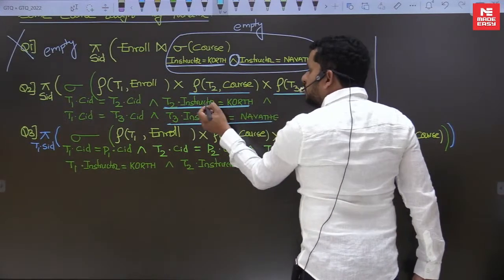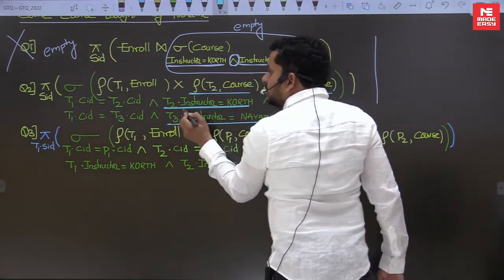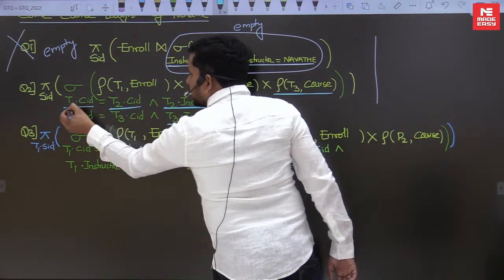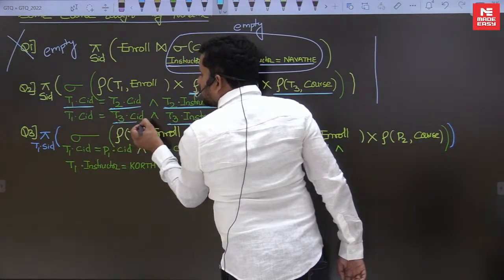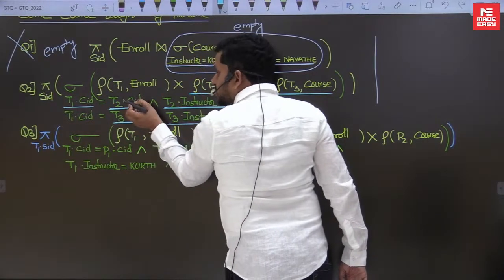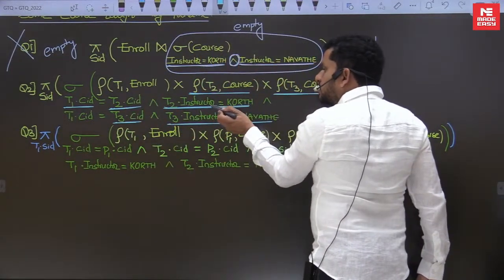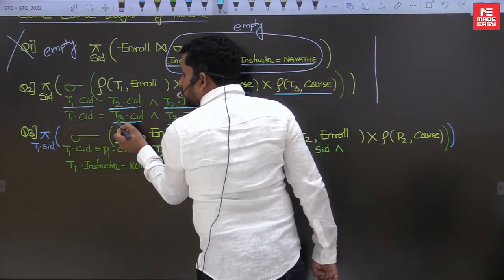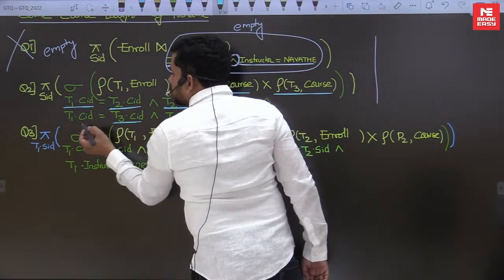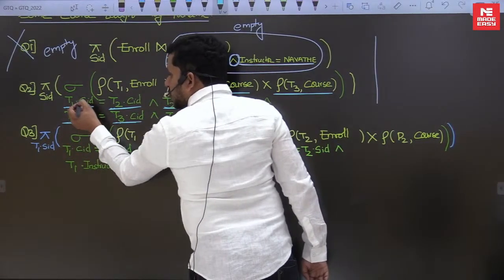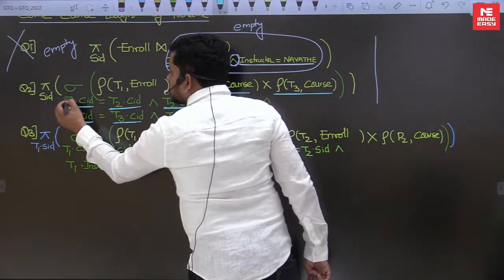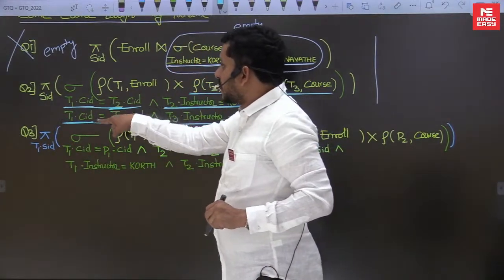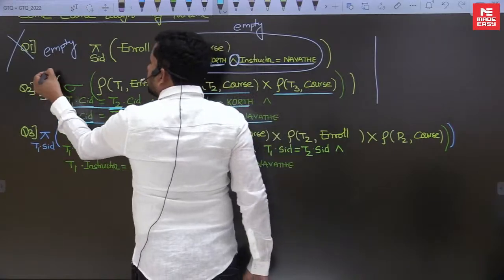But if T2 is a Koth course and T3 is the Navate course, and T2 course ID is equal to T1 course ID, then definitely T3 course ID is not the same as T2 course ID, because one is a Koth course and the other is a Navate course. T2 and T3 are different courses, so two different courses are being compared with one course ID of T1. One of these conditions is guaranteed to fail, so this result is also empty.